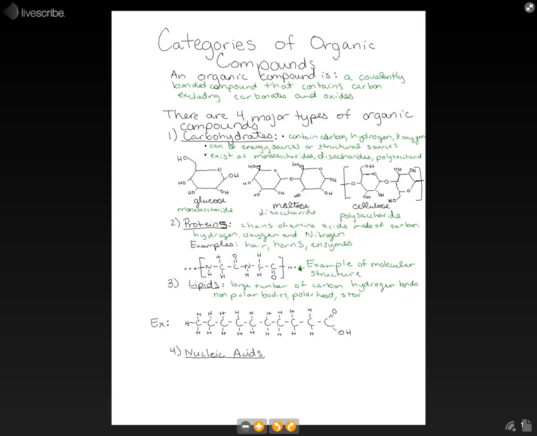They store energy because they have so many bonds, that's a good way to store energy. And they can be examples of waxes, steroids, triglycerides, or phospholipids.